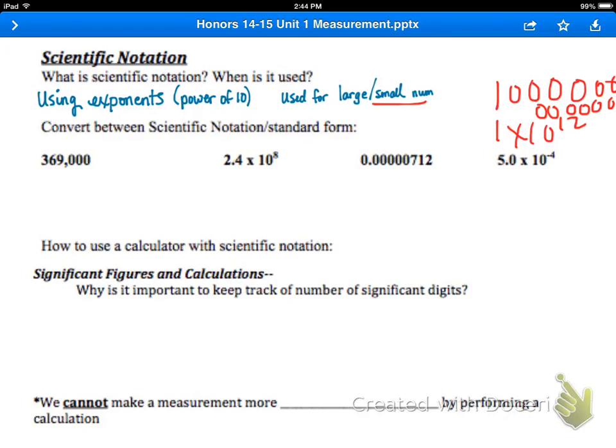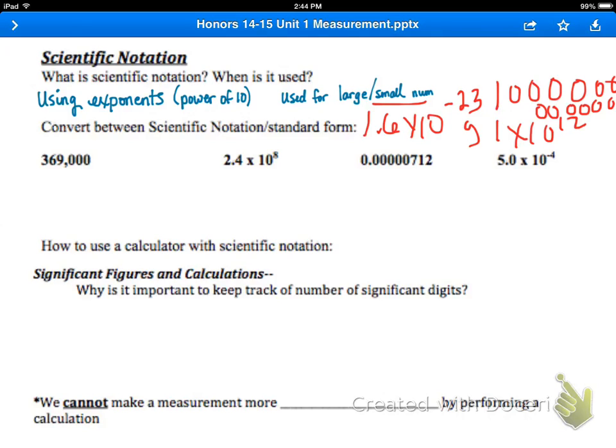So if you ask me what the mass of, let's say, one aluminum atom is, I would tell you it is 1.6 times 10 to the minus 23 grams. If I had to write that number out, it is going to be 1.6 with 23 zeros before it. Now, I don't think you're going to be wanting to write all those numbers. So we use it for very large and very small numbers.